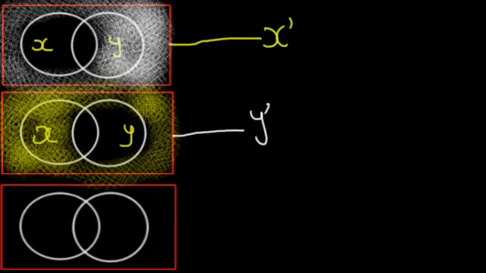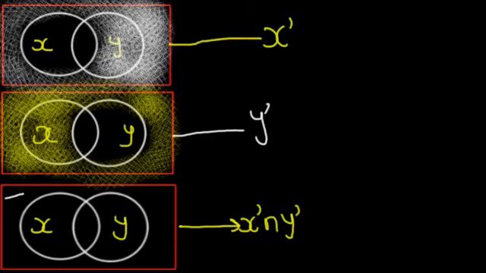So we have to shade the region outside the two circles as the intersection. So if this denotes the x set and this denotes the y set, x complement intersect y complement will be equal to this portion over here.